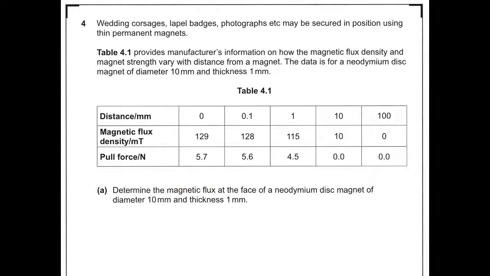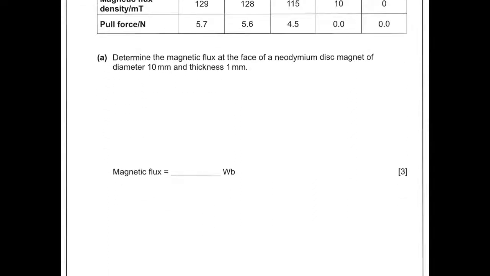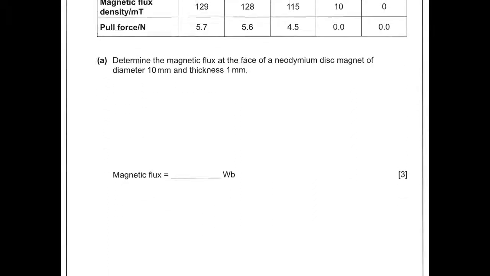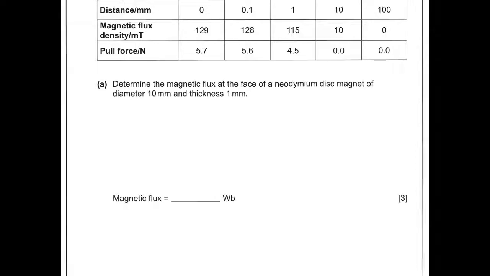Okay, so we have an equation that says that phi equals BA, so we know that. So we pick the B value and the A value and we do a calculation.